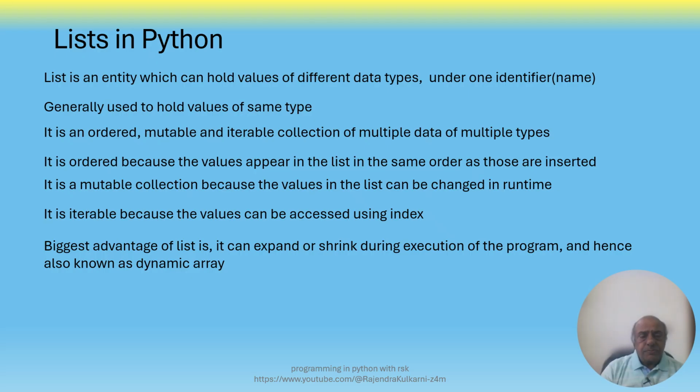In most of the previous languages like C or C++, once an array is declared and defined, the compiler allots certain memory to it. Say 40 memory locations have been allocated. If we try to add another value, it will need more memory locations to accommodate that value in that particular array.